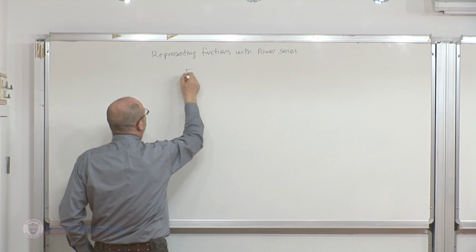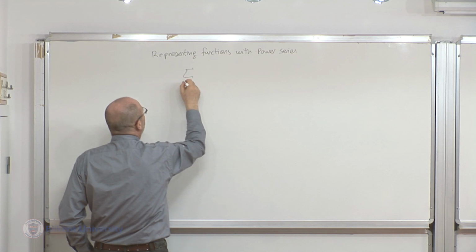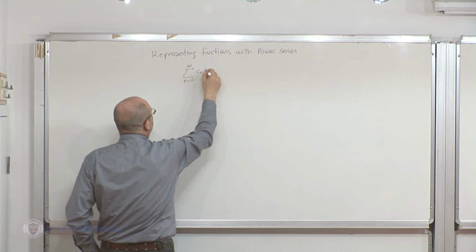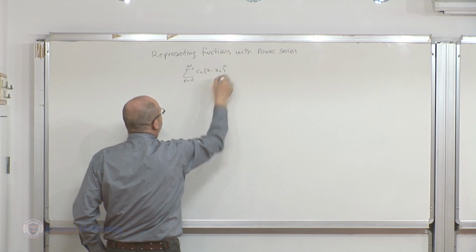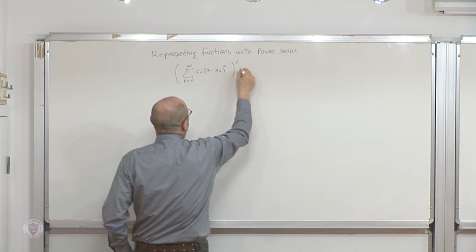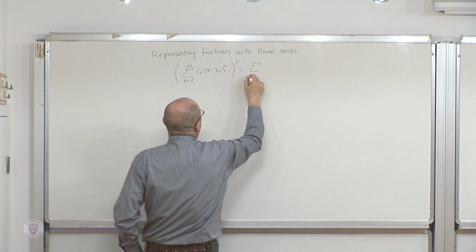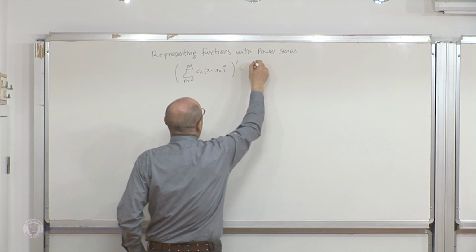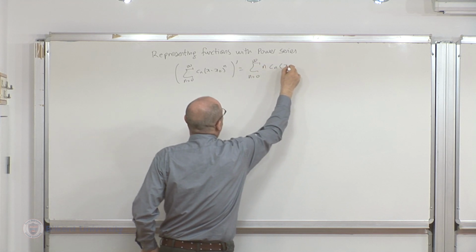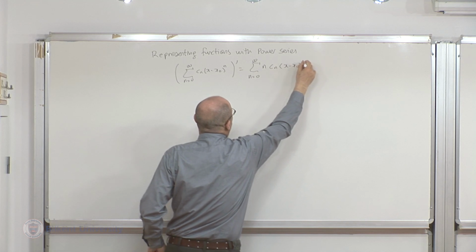So if we have a power series like this, the sum from n equals 0 to infinity of Cn (x minus x0)^n, then the derivative of this is equal to term by term differentiation, with n minus 1 as the exponent.